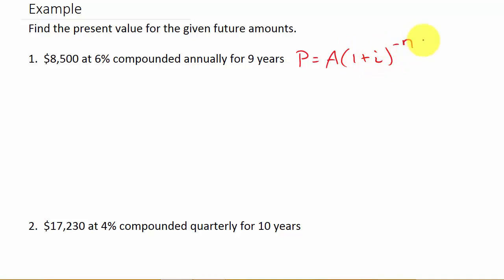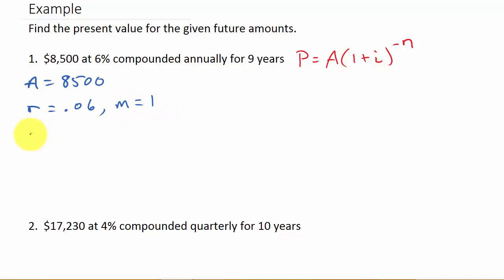First, let's just figure out what everything is. A is 8,500. R, our interest rate, is 6%, and we'll write that as a decimal, 0.06. Compounded annually, so m is 1.